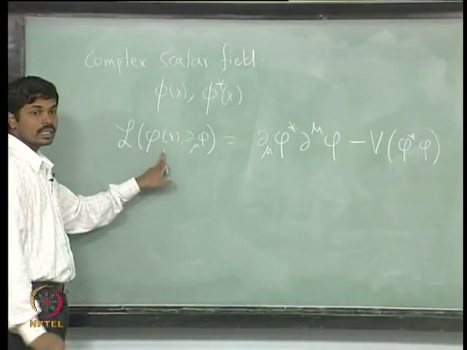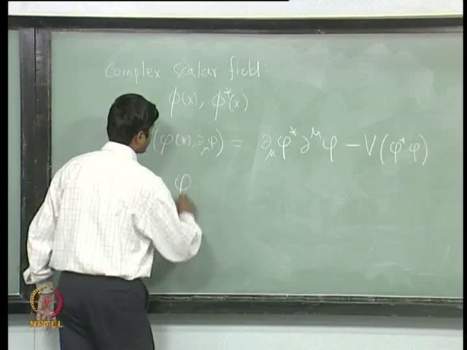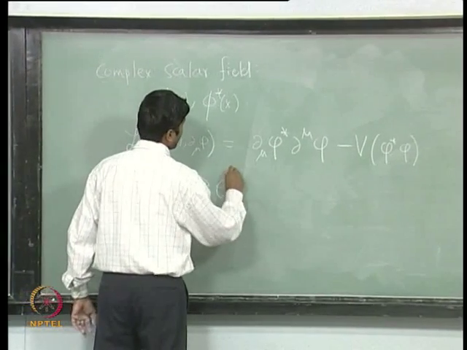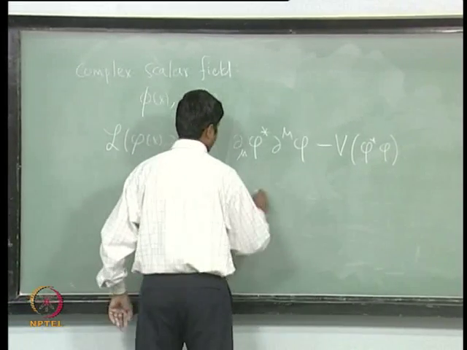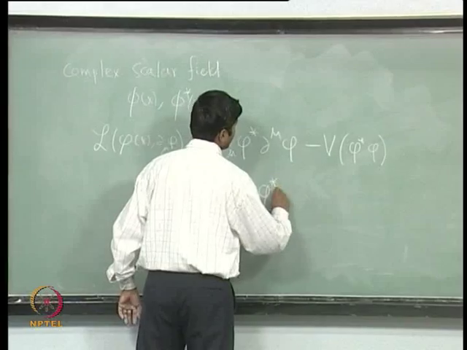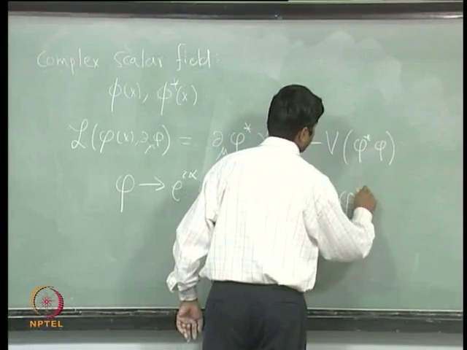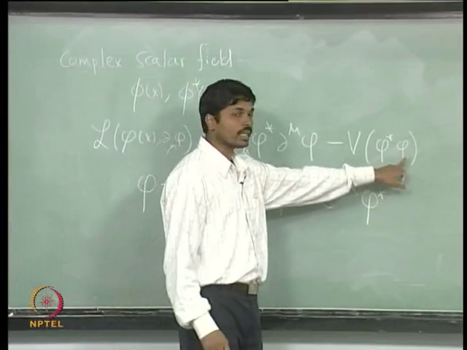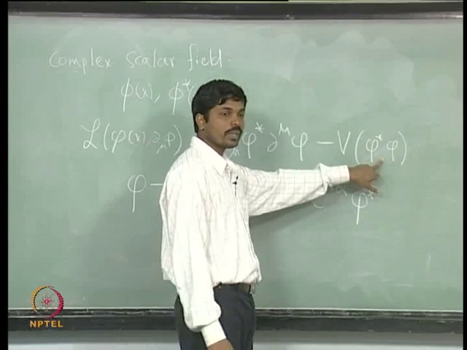This Lagrangian density is invariant under a continuous global transformation, that is, if phi goes to e to the power i alpha times phi, and hence phi star goes to e to the power minus i alpha times phi star. Under such a transformation, phi star phi remains invariant, therefore the potential term remains invariant.